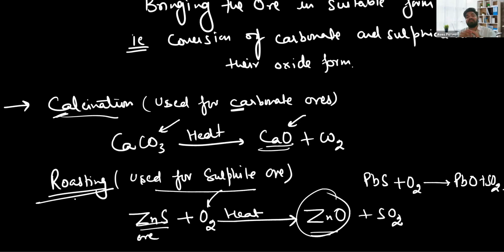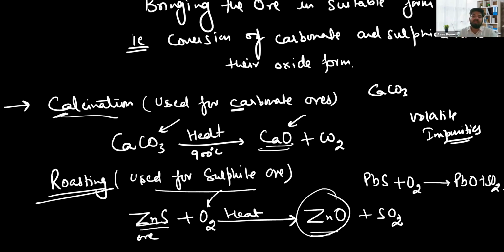And what is the other advantage of calcination and roasting? Suppose this calcium carbonate still has some impurities, which are volatile impurities. Volatile impurities are substances that can melt at low temperature, because calcination requires a high temperature of around 900 degrees Celsius.